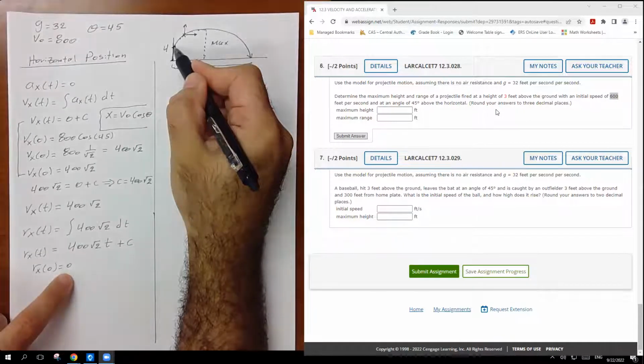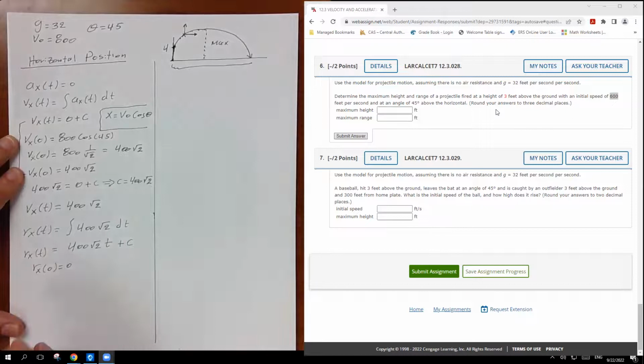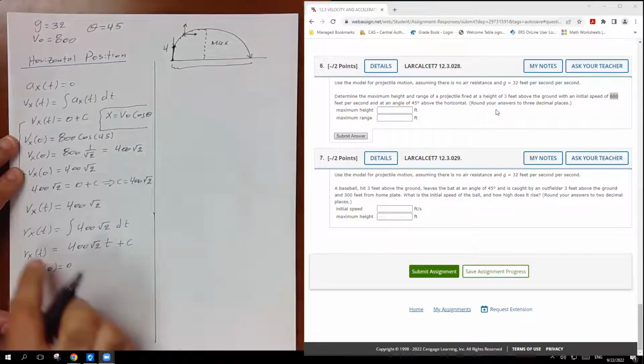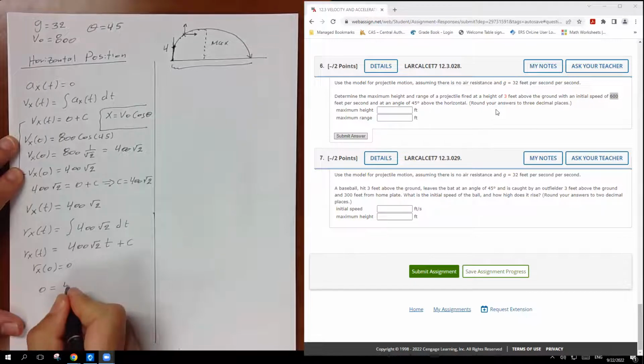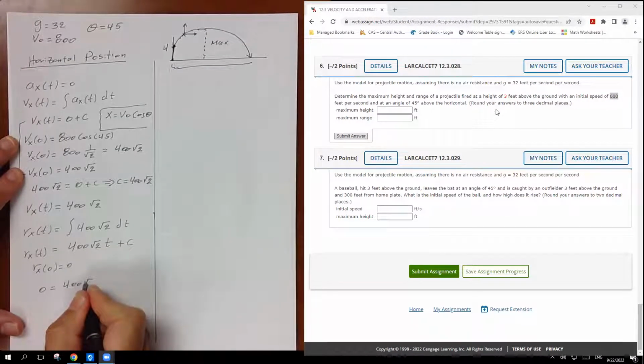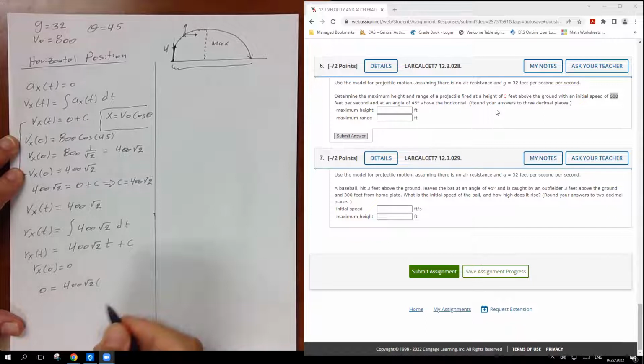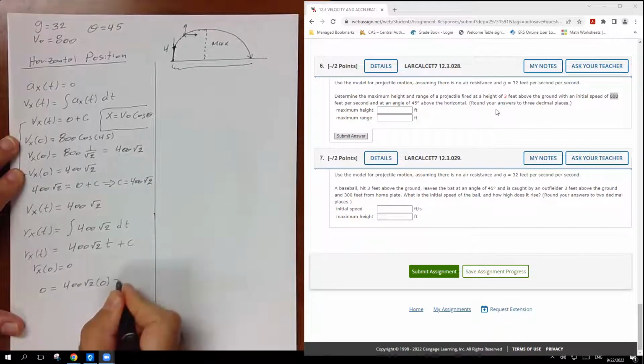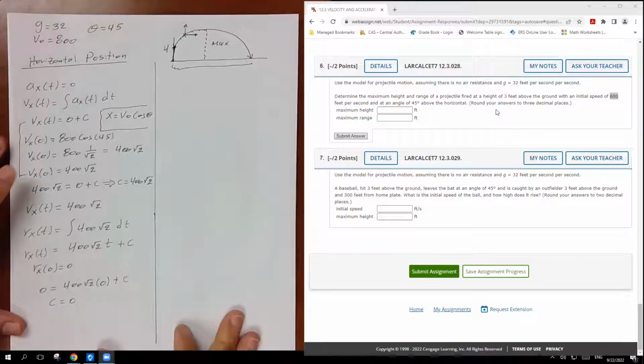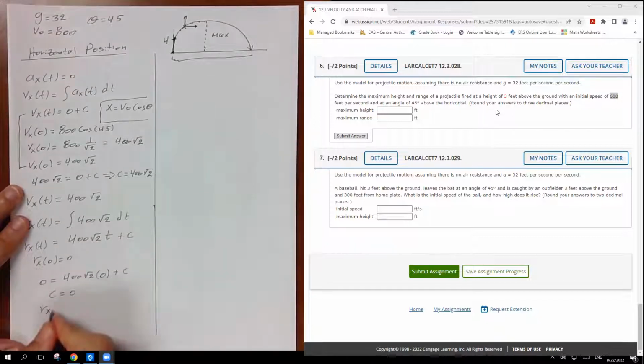So here's the initial condition. You have to figure out the initial point. I'm going to plug in this one here, and this one is going to be 0 equal to 400 square root of 2 times 0 plus c. That means c is going to be equal to 0. So our position with respect to x of t is going to be just 400 square root of 2 t.